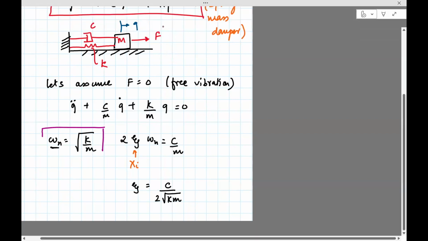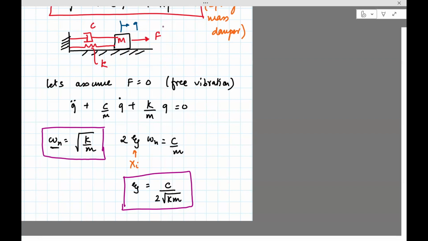So natural frequency, damping constant. Okay, these things have a physical meaning, as we'll see. The natural frequency, if the damping was equal to 0, then omega n is the frequency at which the spring mass damper will keep vibrating, just like a simple pendulum has a natural frequency, the time period, which is by the way related to omega n.